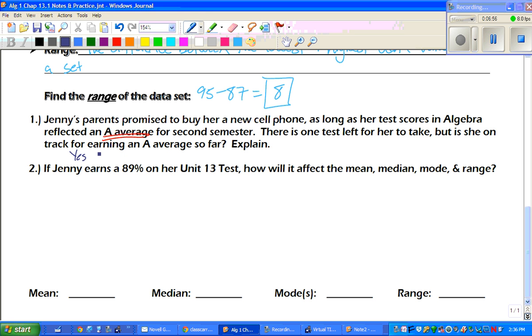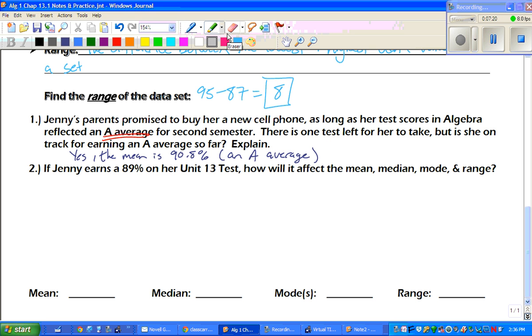Yes, she's on track because what's her average? What's her mean? Okay, the mean is 90.8%. Okay, and 90.8% is an A average. So good job, Jenny. You're doing a great job.